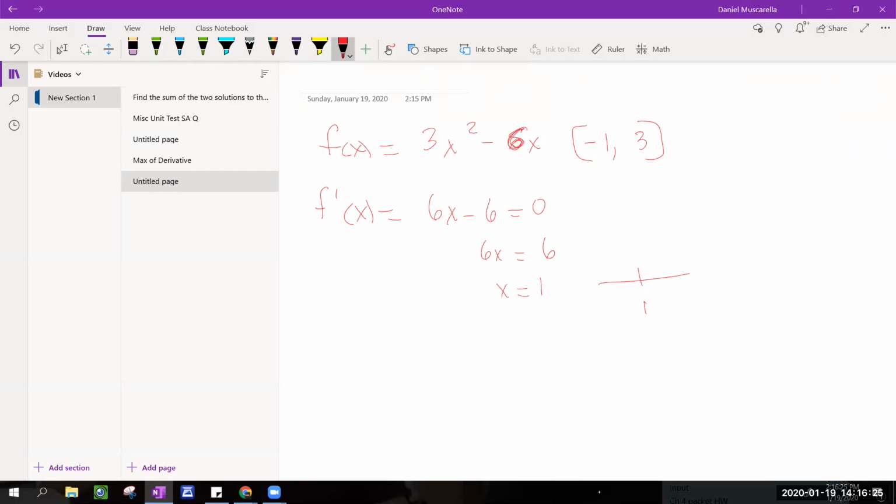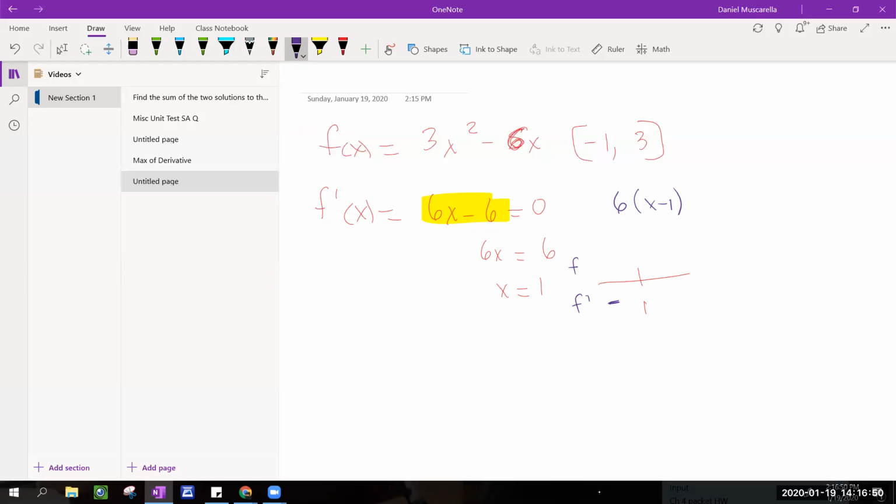So we would test 1 into either this part right here, into the derivative function, or sometimes some people might think about it like this, 6 times x minus 1, and see if you put a number in on the left side of 1, what sign would you get? And if you put something on the right side of 1, what sign would you get? So if we put in a number like 0, 0 minus 1 is -1 times 6.